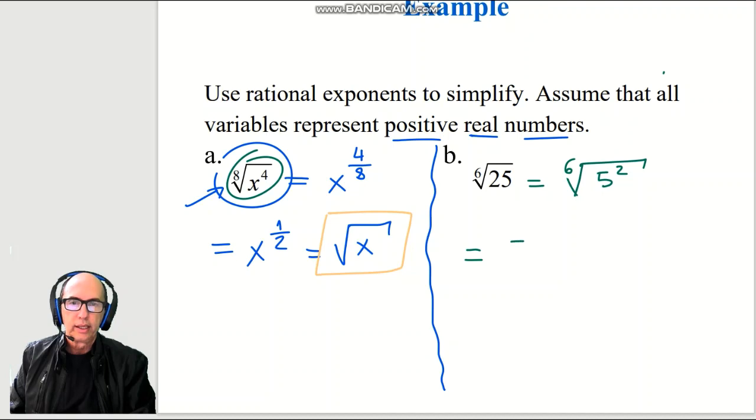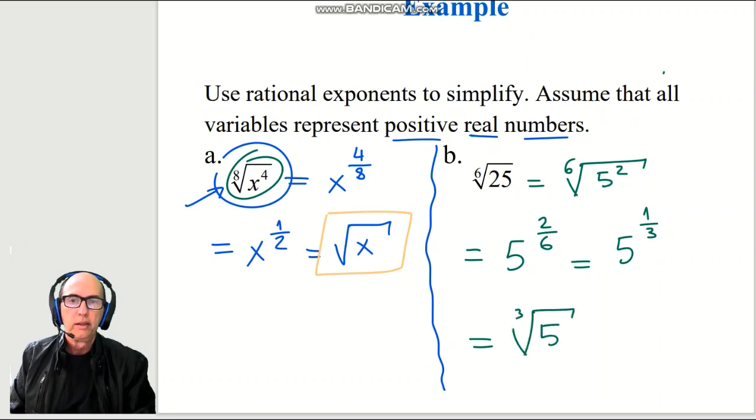Rewrite as rational exponents, 2 over 6. Simplify, 1 over 3. And 5 to the power of 1 over 3 is cube root of 5. See, it's a much simpler expression. We have here 6th root of 25 is actually the same thing, equals cube root of 5.